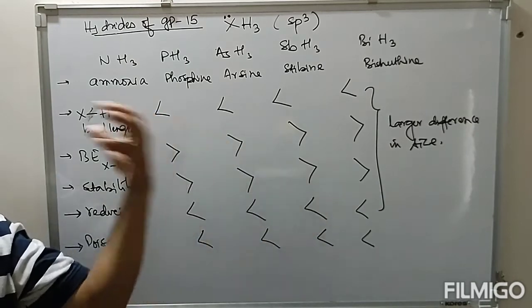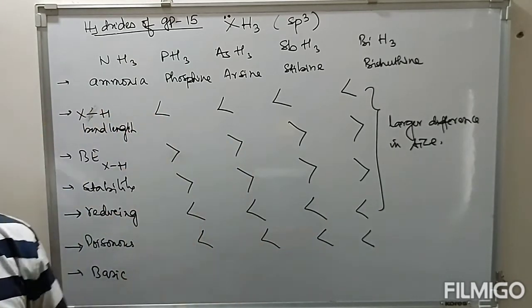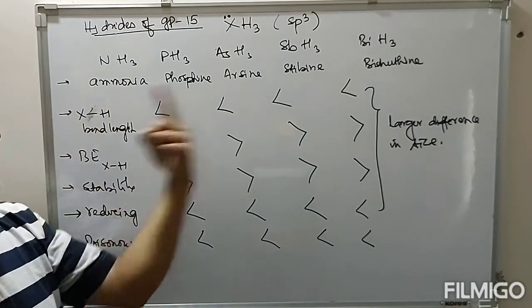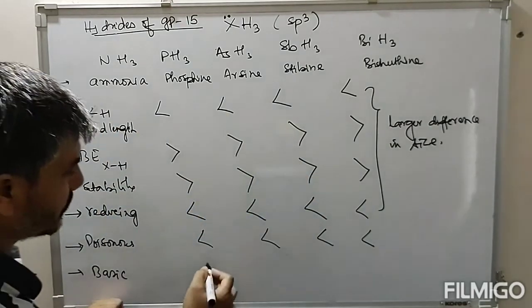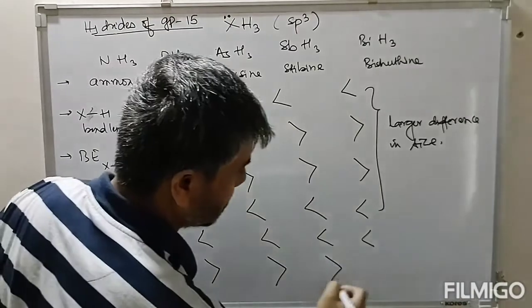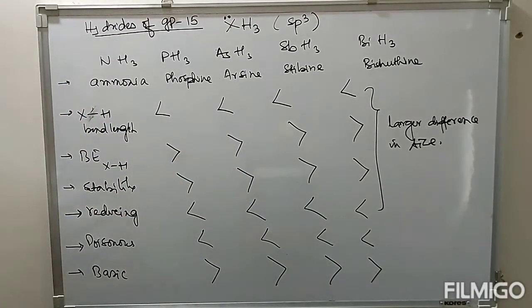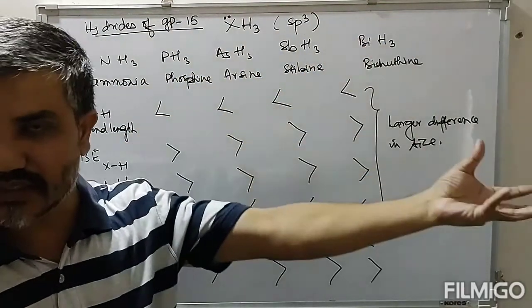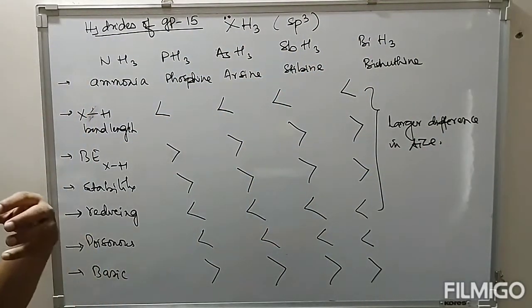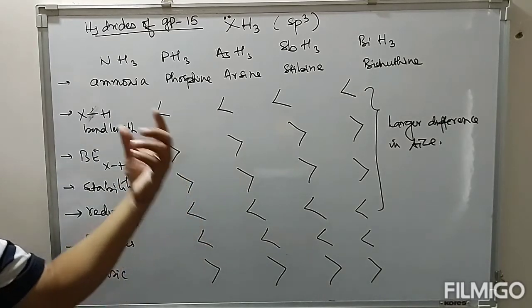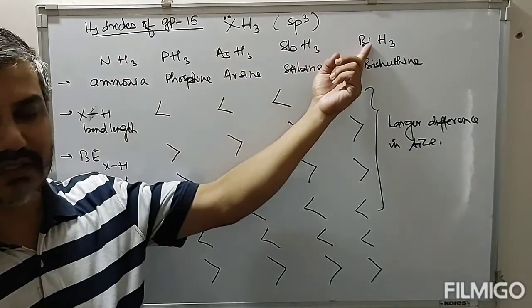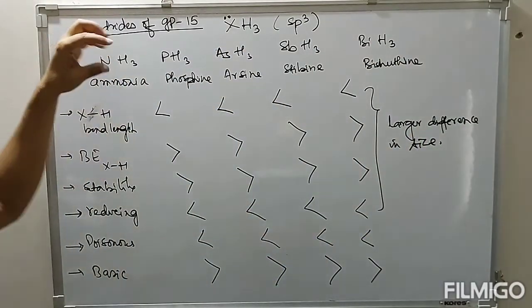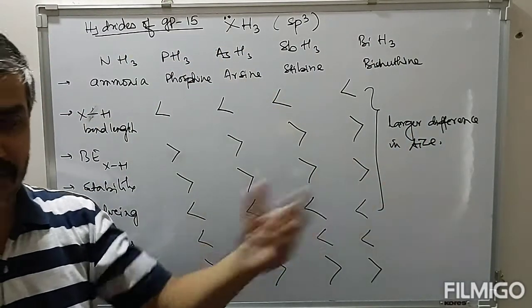Due to the presence of the lone pair, these hydrides show basic property, but the basic property decreases down the group. Now nitrogen is the most electronegative and bismuth is the least electronegative. So in terms of electronegativity, bismuth should have the most basic property and nitrogen hydride the least basic property.